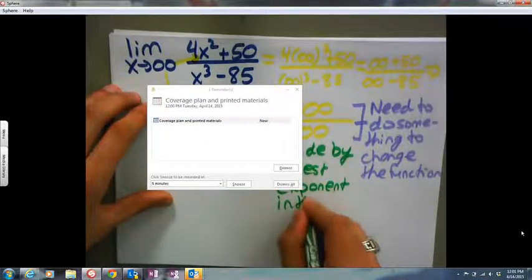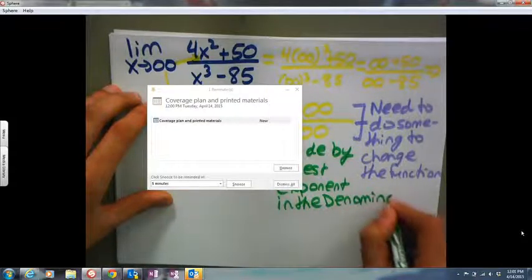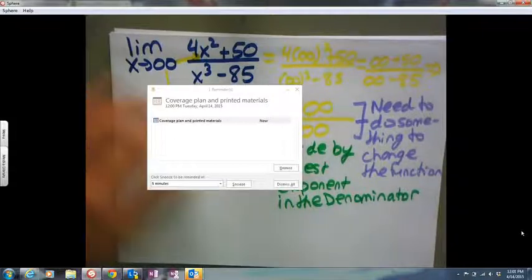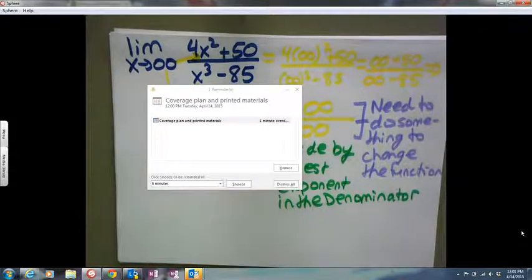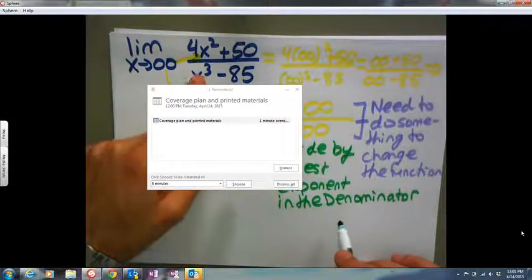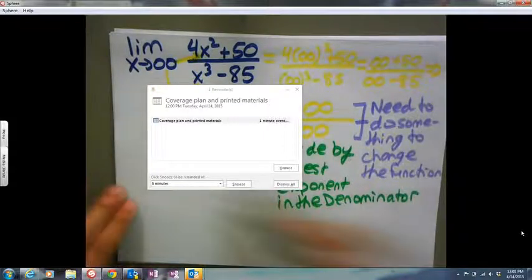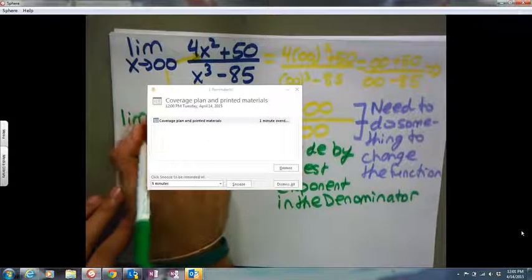So the solution, or the strategy, or the trick, whatever you want to call it, is to divide by the highest exponent in the denominator. In this case, I'm going to divide everything by x cubed, because x cubed is the biggest exponent downstairs.